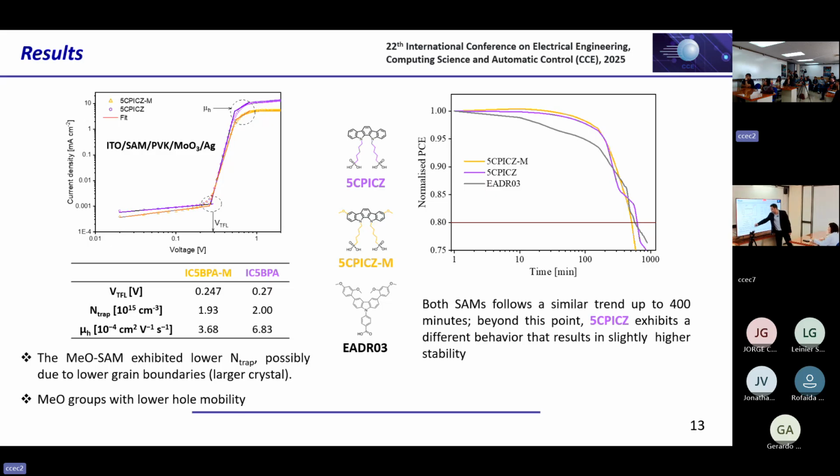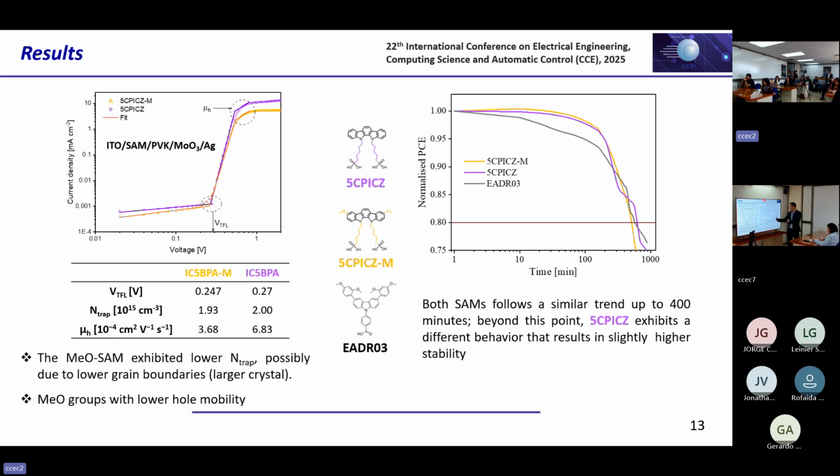But for the hole mobility, we observe a higher hole mobility in the SAM without the methoxy. This can help us understand why we obtain a higher current in the devices with this SAM, and also why we have a higher efficiency.